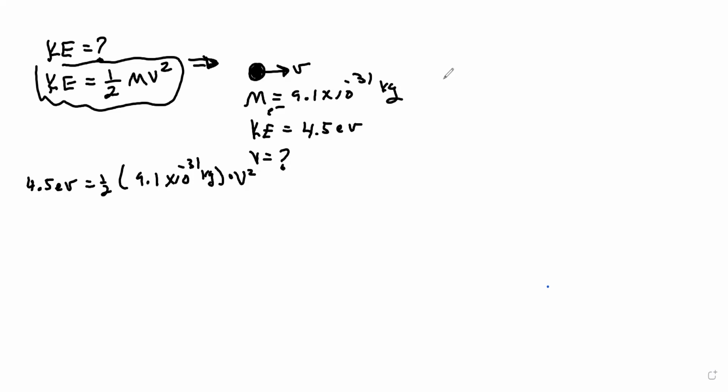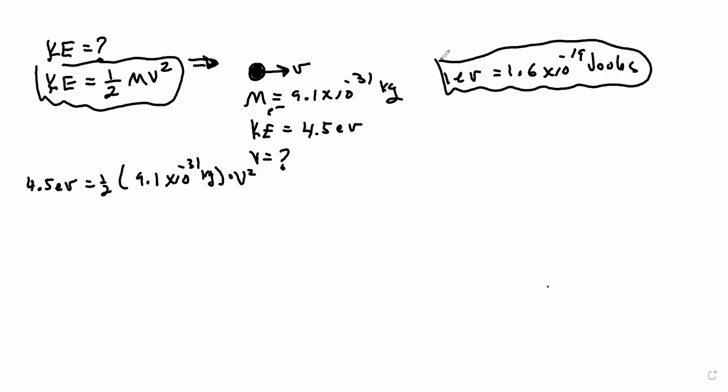So we know that 1 electron volt is equal to 1.6 times 10 to the minus 19 joules. So that's what 1 electron volt is. And let's plug it over here. So this is going to be 4.5 times 1.6 times 10 to the minus 19 joules.